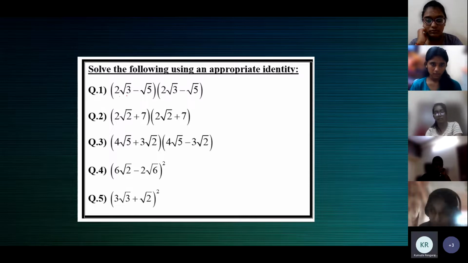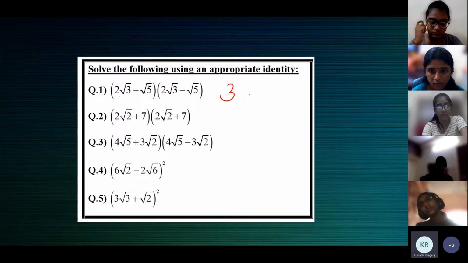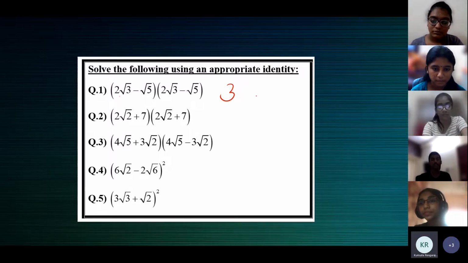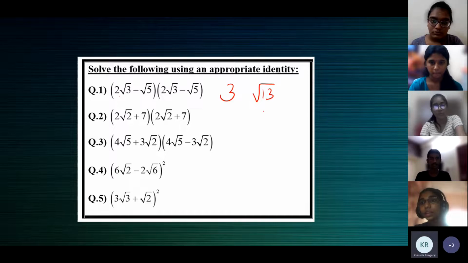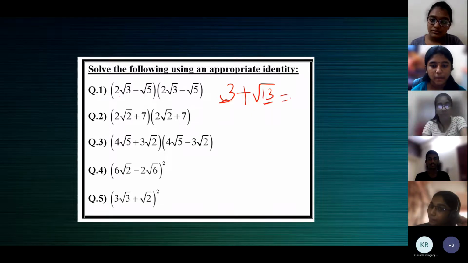So now tell me, children, I'm just checking if you understood. 3 is rational or irrational? Rational. What about root 13? Irrational. What about the sum, rational plus irrational? It will be irrational.